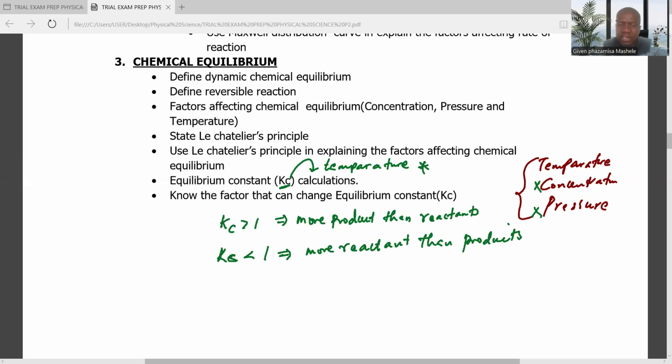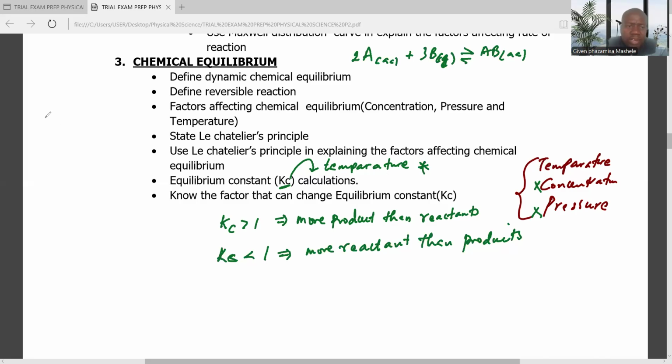For example, let's say you have this hypothetical reaction. It says 2 moles of A, aqueous, plus 3 moles of B, a gas, just as an example. Then the reaction is reversible, and it gives us AB as an aqueous.